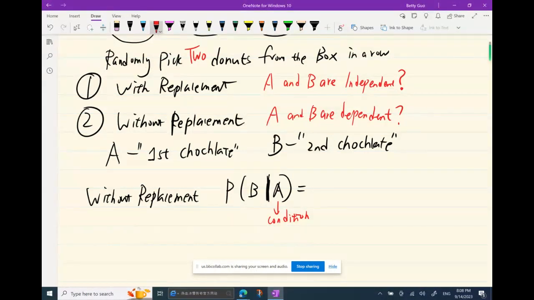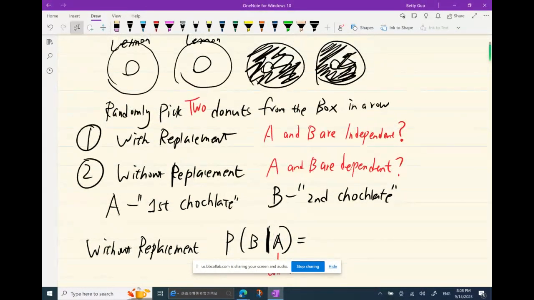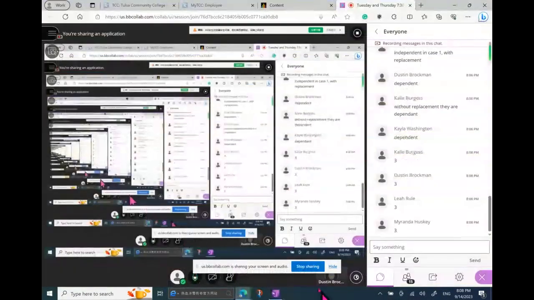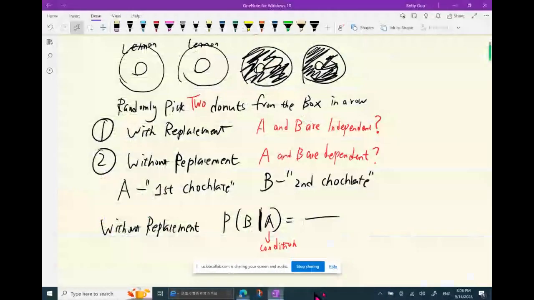get a chocolate donut? So we had 4 donuts, right? Suppose the first time you got a chocolate donut and you ate it. Now in the box, how many donuts are left? 3. Awesome. So the denominator is going to be 3.